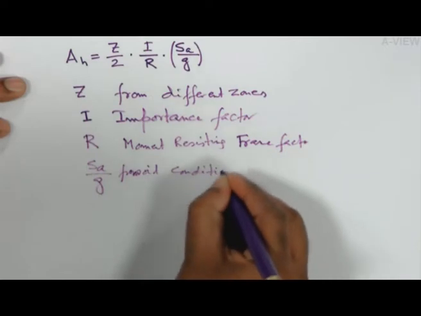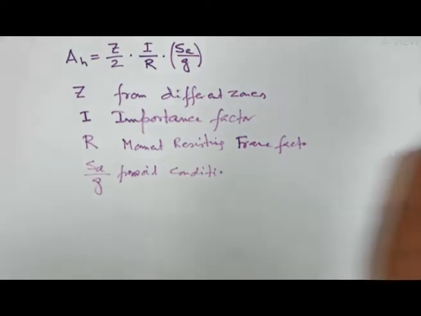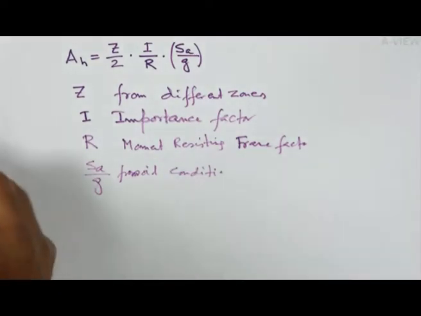So that means I can get this value AH that we can find out here.